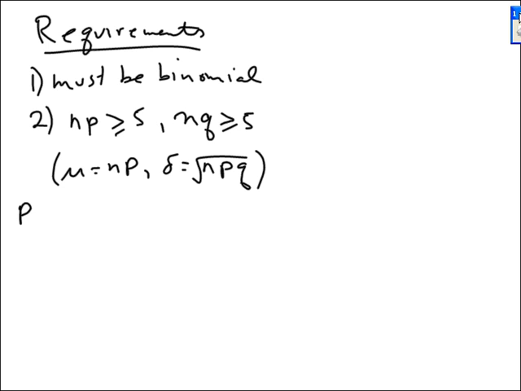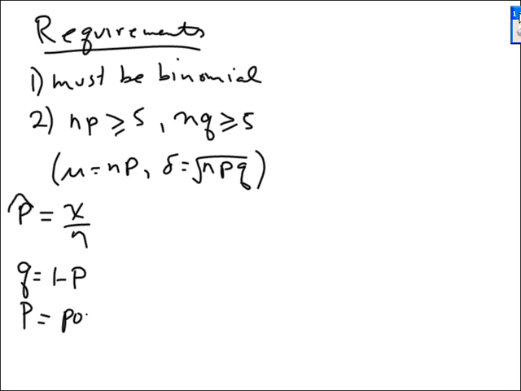And here's some notation. P hat is just x over n. Q is 1 minus P, and I should state what P is.